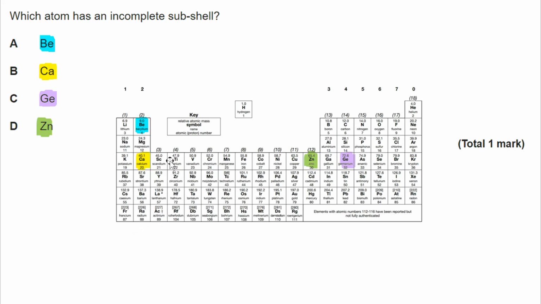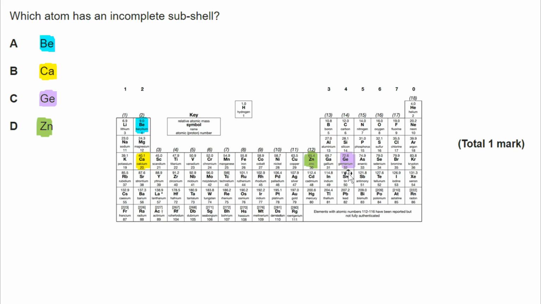The D block, going from scandium across to zinc, is 10 wide, and a D sublevel holds 10 electrons. So anything that's in the 10th, so zinc, cadmium and mercury, will end in D10 and therefore have a full sublevel.